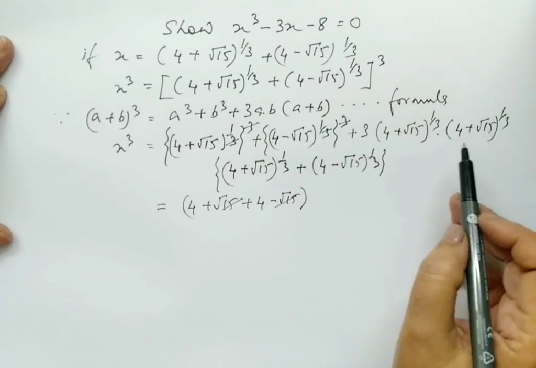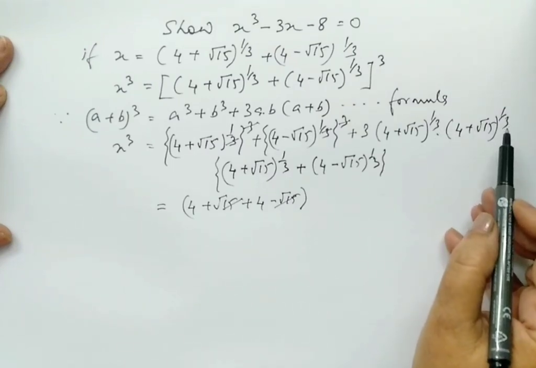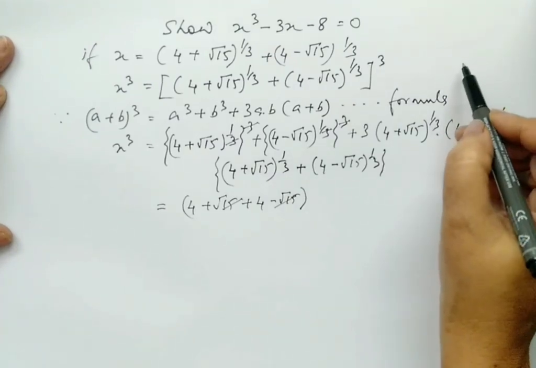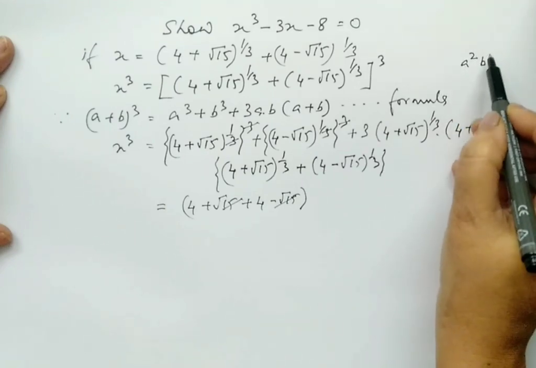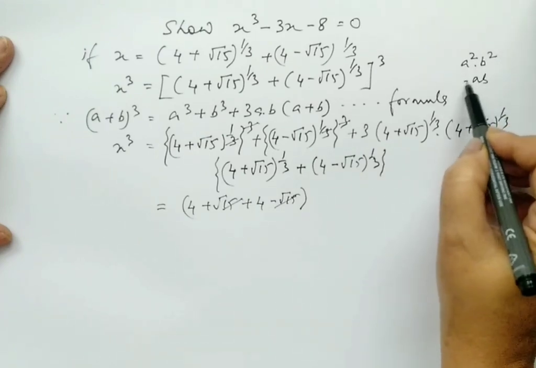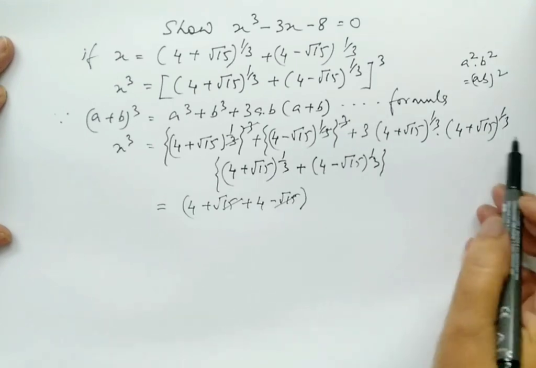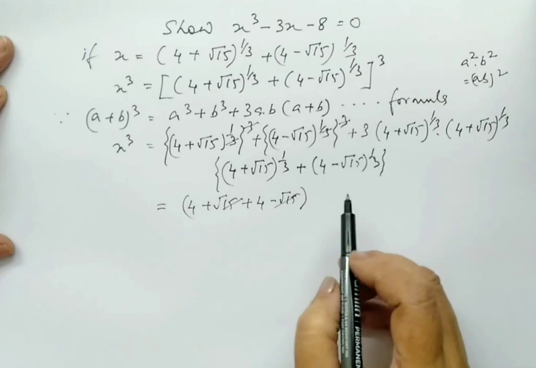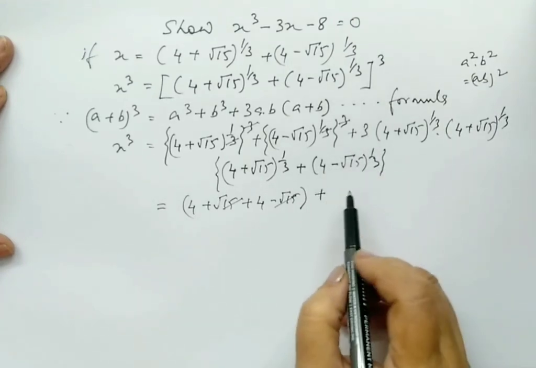We know that if the powers are the same in a multiplication, for example, if A has a power of 2 and B also has a power of 2, can we not write AB to the power 2? The same thing we'll do over here. Collectively we'll put one power on them. So the plus sign comes here, 3.